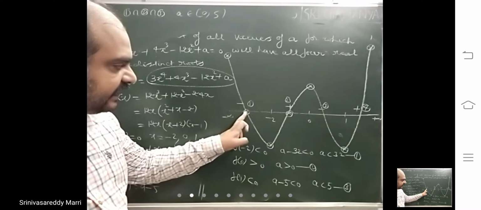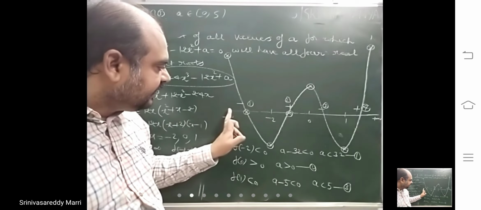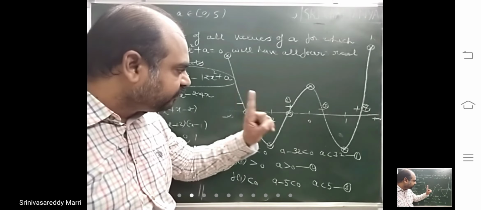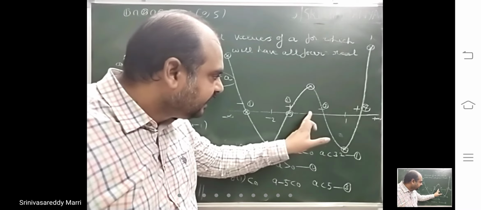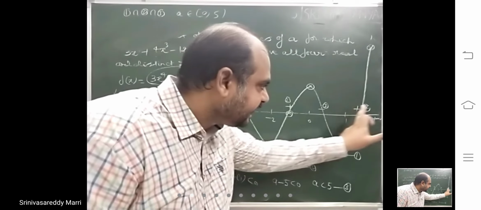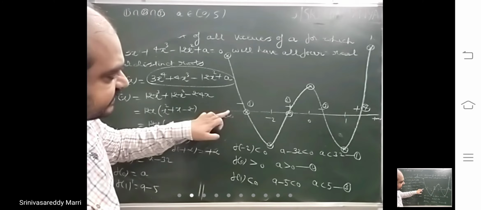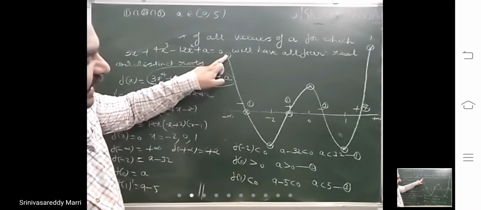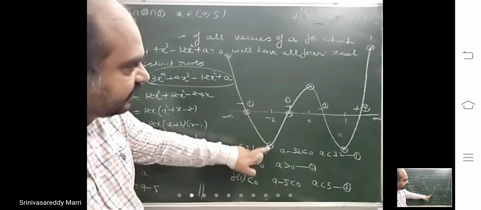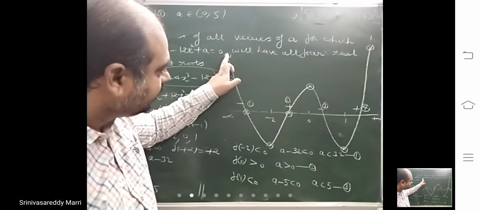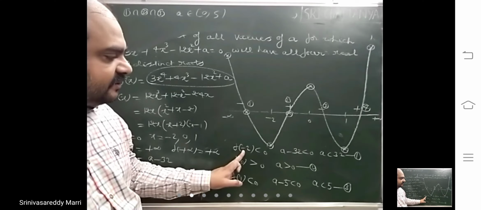That means if it has all 4 roots, in each of the intervals minus infinity to minus 2, minus 2 to 0, 0 to 1, and 1 to infinity, one root must be there. One root means minus infinity is here, so f of minus 2 must be down. Then only it will have one root. From top to bottom you will draw. That's why f of minus 2 less than 0.